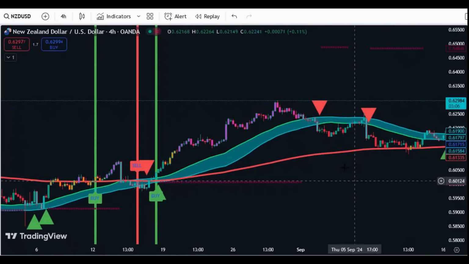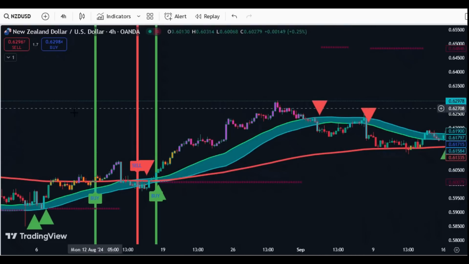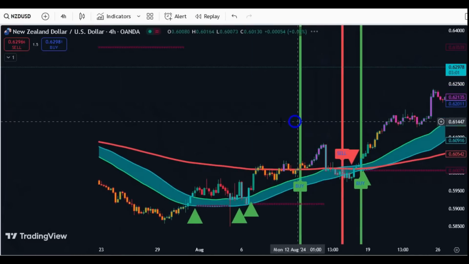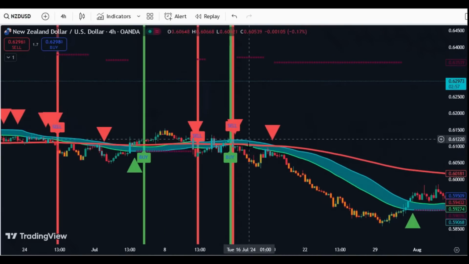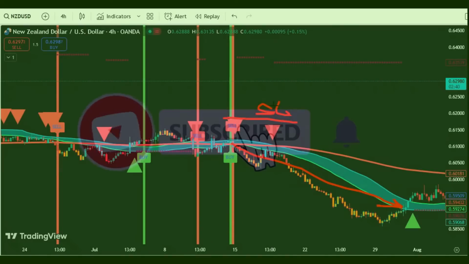But always remember that no matter how a trading strategy works, it is very important to always take precaution when you are trading the market. It is important to combine this strategy with good risk management. Remember, no indicator is 100% accurate, and no trading strategy is 100% accurate either.